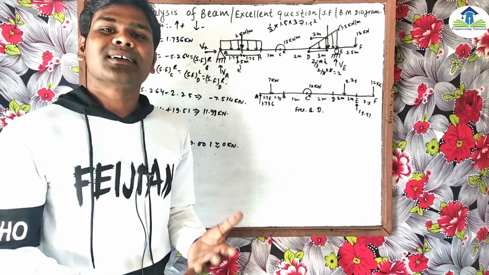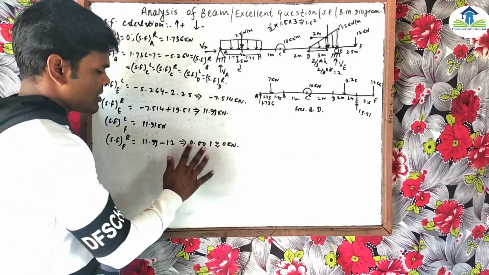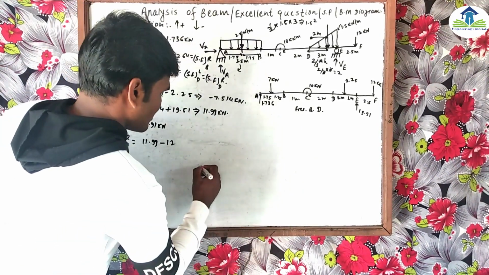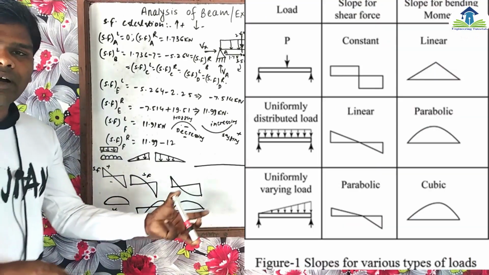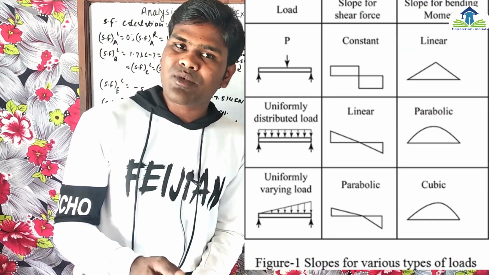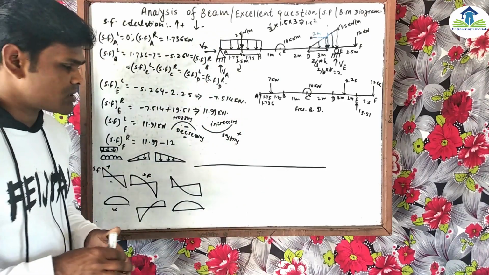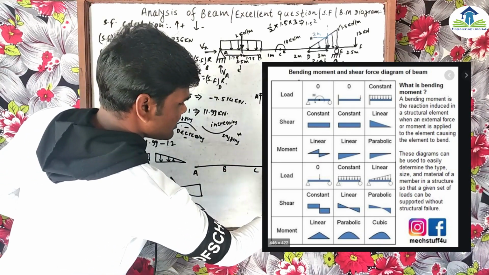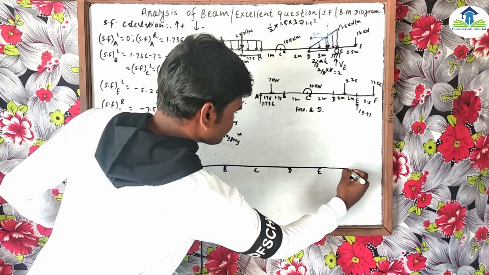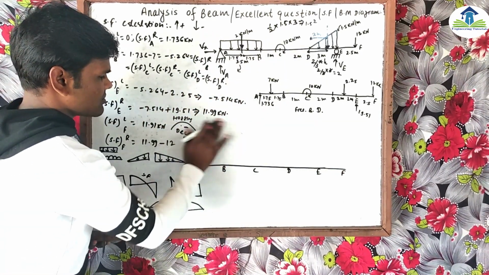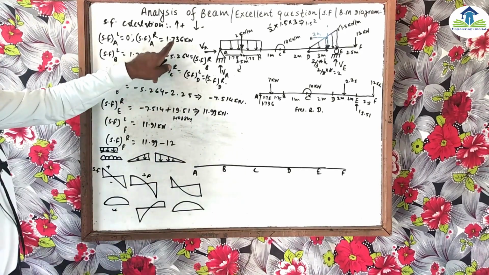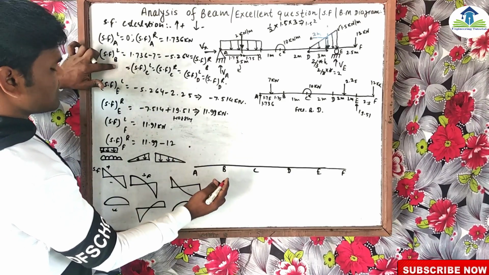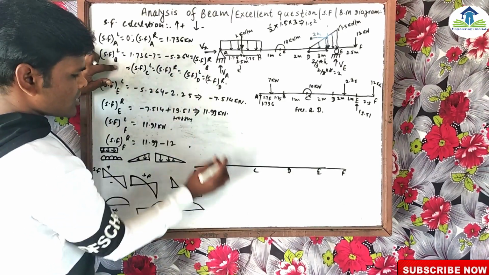Now we are going to draw the shear force diagram. This is the logic by which we can draw shear force and bending moment diagrams for any UDL and point load. Here, this is point A, point B, point C, point D, point E, and point F. At point A, the total force is 1.7, and at point B it is 5.247.